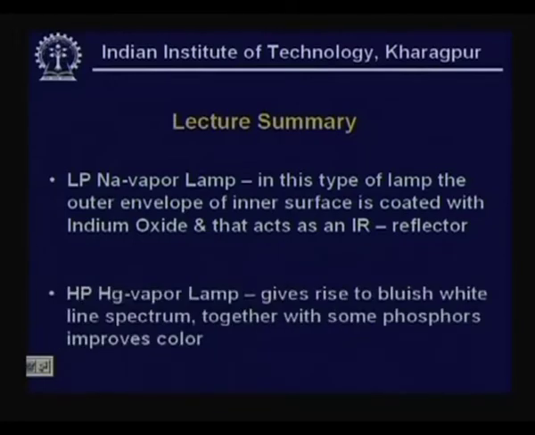High pressure mercury vapor gives a bluish white line spectrum, and sometimes, in order to get good color rendering, here again I must reiterate that color rendering was a little better than sodium vapor as far as mercury vapor goes.